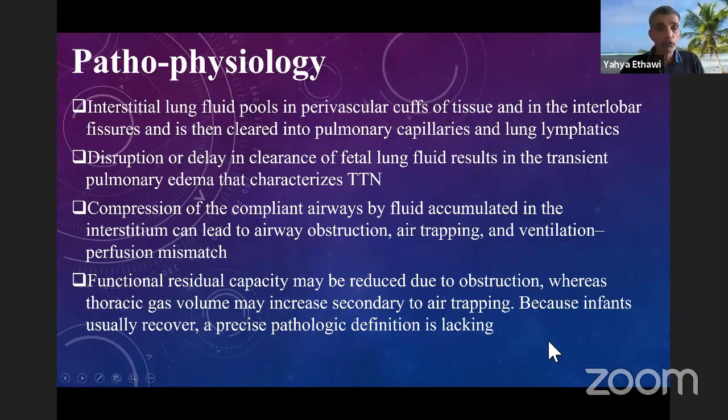Because of all that, the functional residual capacity of the lung will be reduced. The reason is the obstruction by the fluid around the airways, the decreased surface tension, and the presence of fluid in the alveoli. All of that will decrease lung volume. In addition to all of that, there is air trapping.